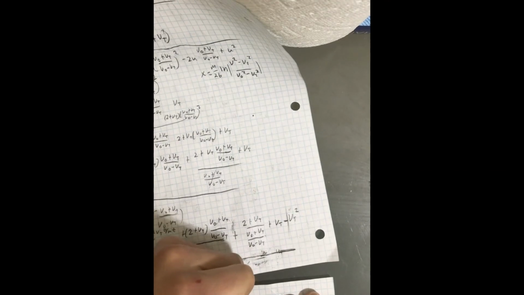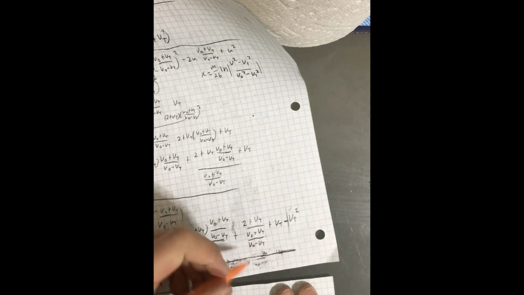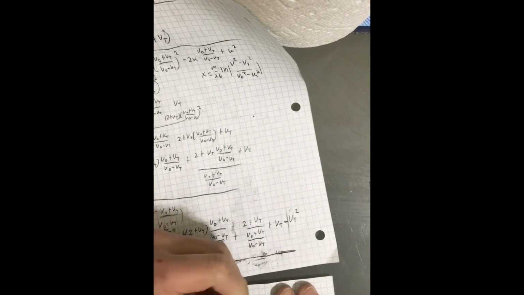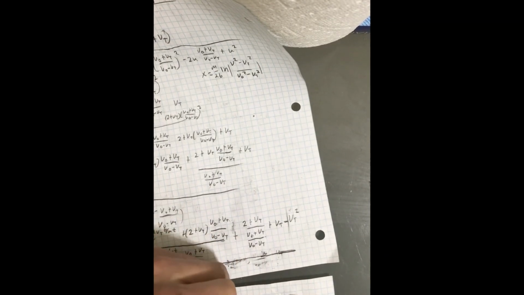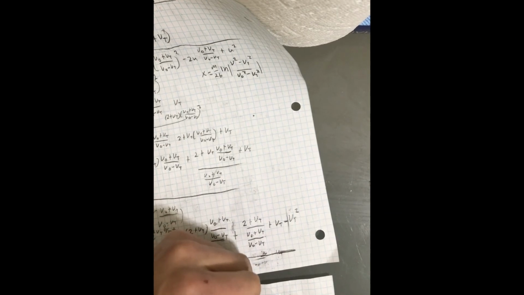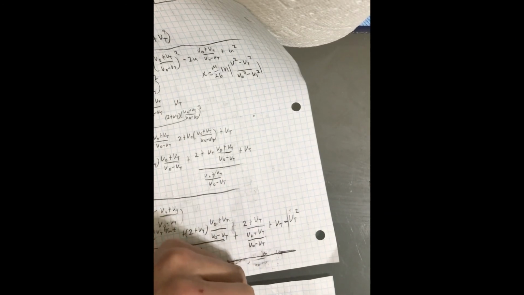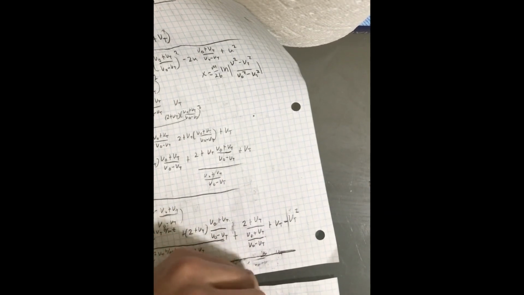So we have 2 plus vt. Actually, and these are like terms. I didn't realize that before. So instead, what we can do is we can have v naught minus vt over v naught plus vt. I can't believe I didn't notice that.